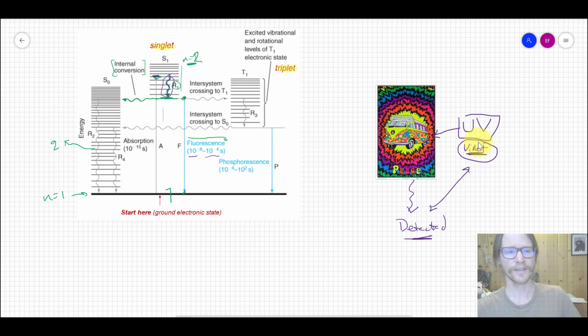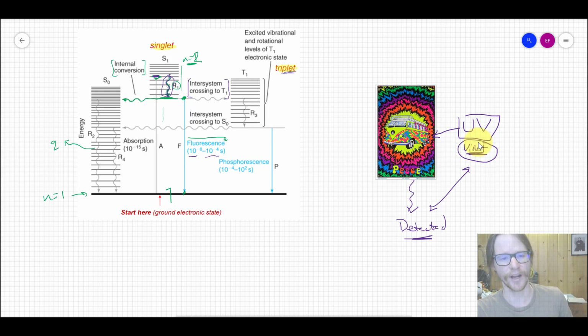So another thing that this molecule can do, let's start back at the ground state, it absorbs that photon, it ends up at this singlet state. What it can do is relax back down through R1, but instead of going the internal conversion route, instead of going the fluorescent route, it can go through this whole process called intersystem crossing to T1, which essentially means that the spin flips on that electron that's been excited, and so now you have spin parallel states, which is more or less a forbidden state.